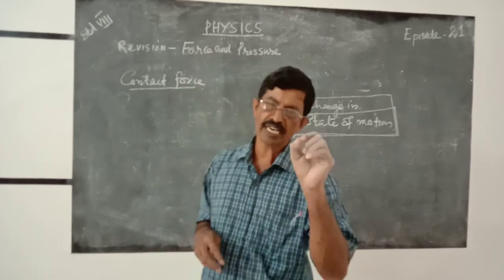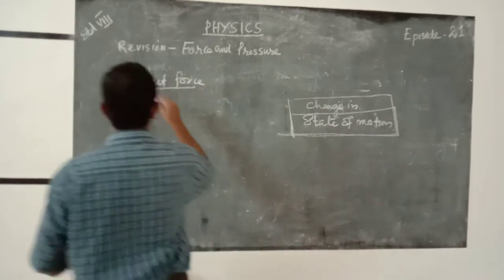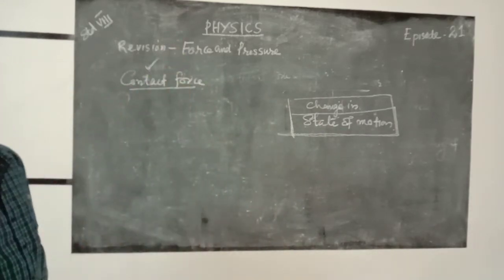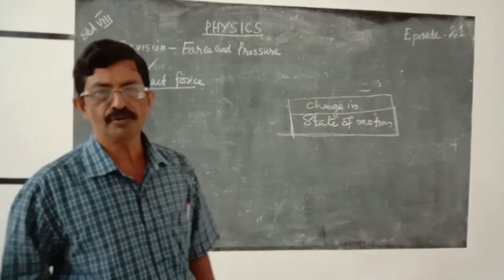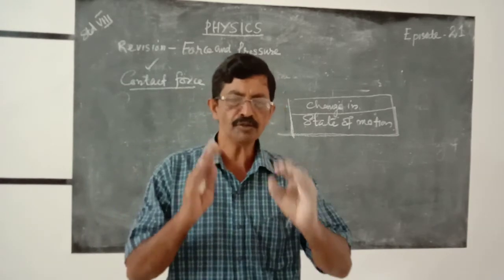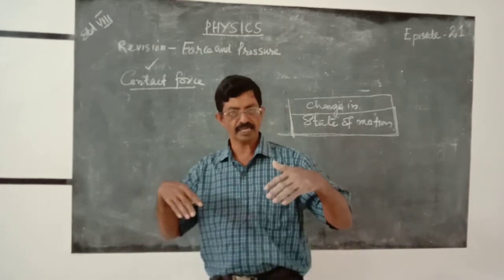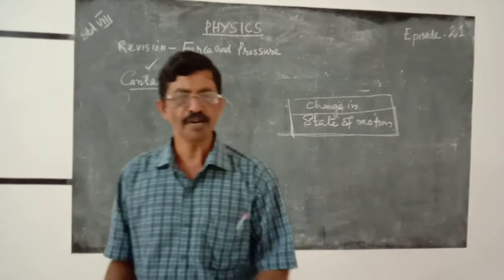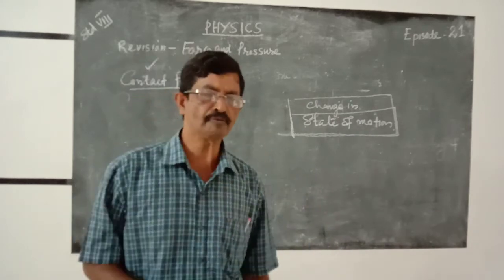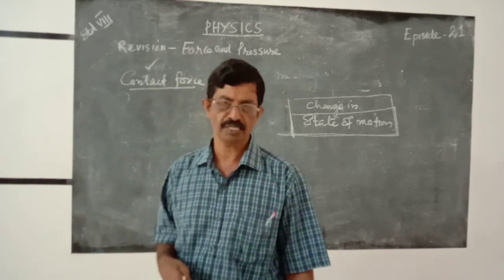A force that we apply through contact with the body is called contact force. Then the table moves. The force arises from our body, and it is the muscular force.